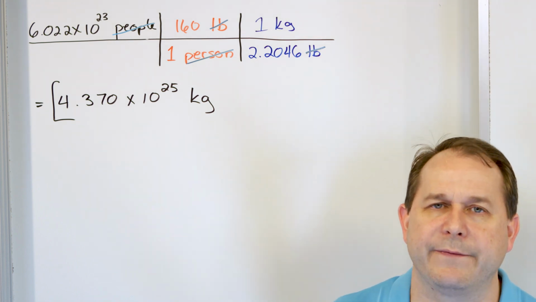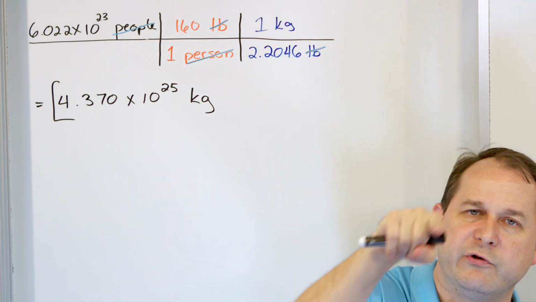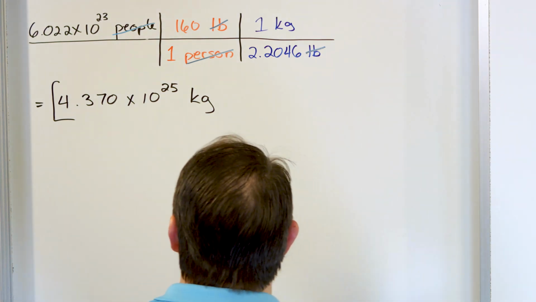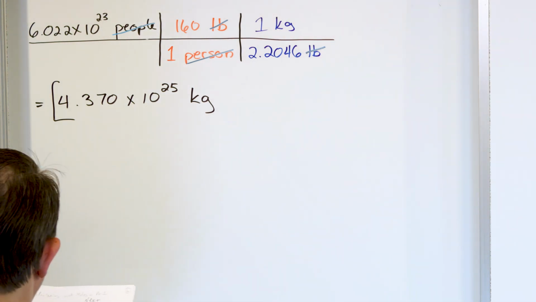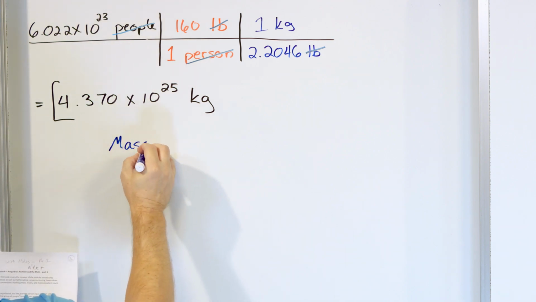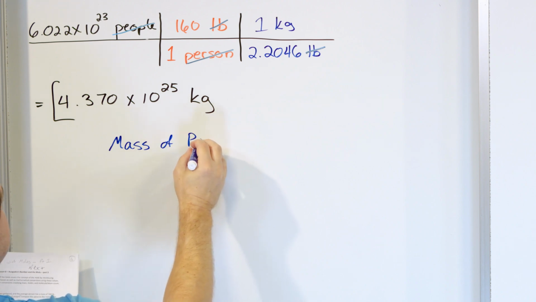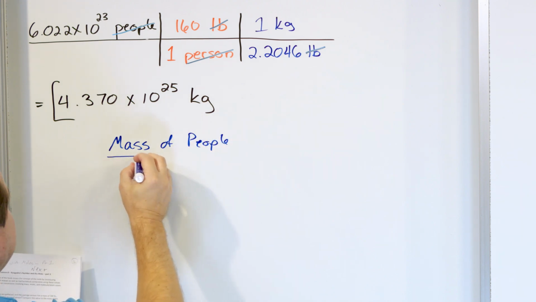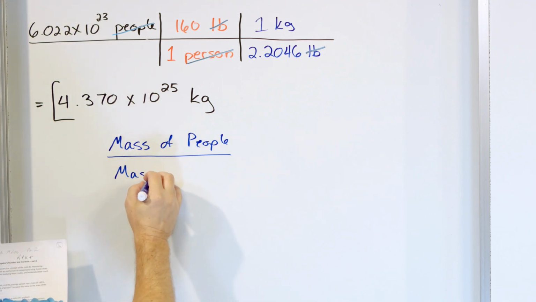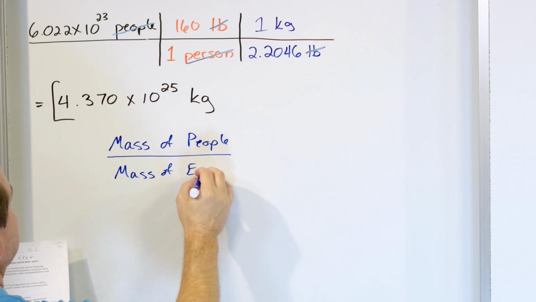So how do we compare things? You could put an inequality symbol, which one's bigger and smaller, that's fine. But a better way to compare two numbers to see which one is bigger and how much bigger it is is to take the ratio. So let's take the mass of the group of people, and let's divide that by the mass of the Earth.